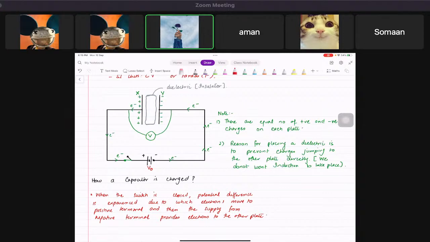So at the end, we get one positively charged plate and one negatively charged plate. Yes, exactly. This is what we want to do, right?